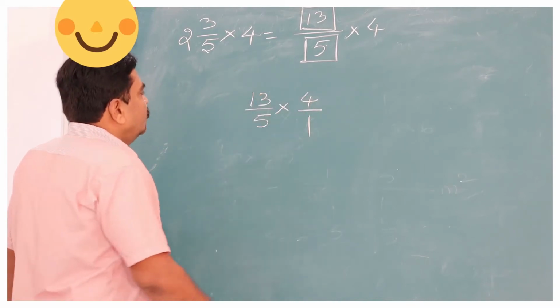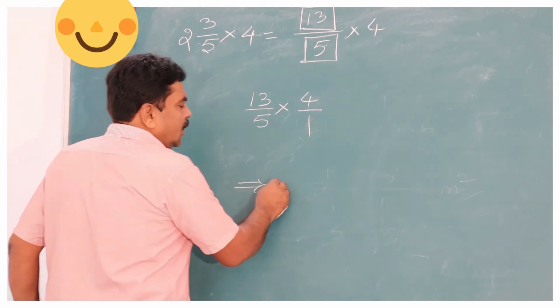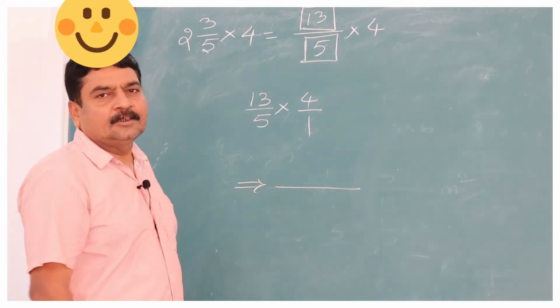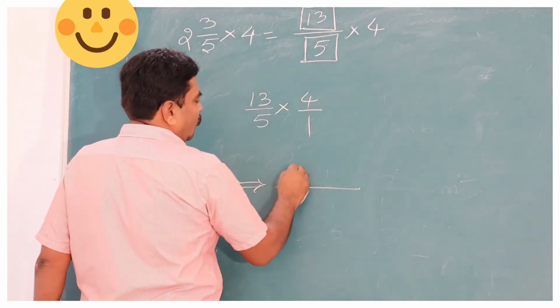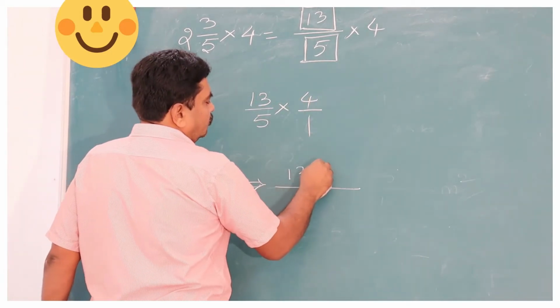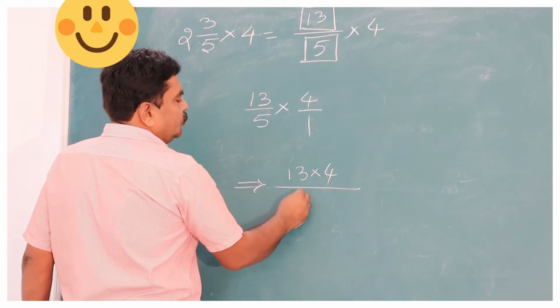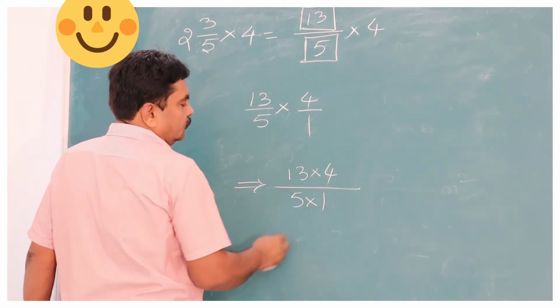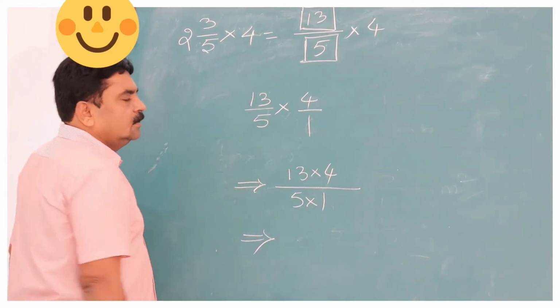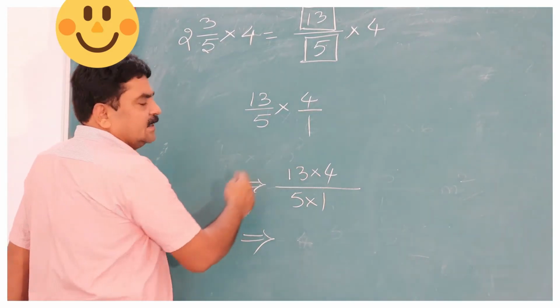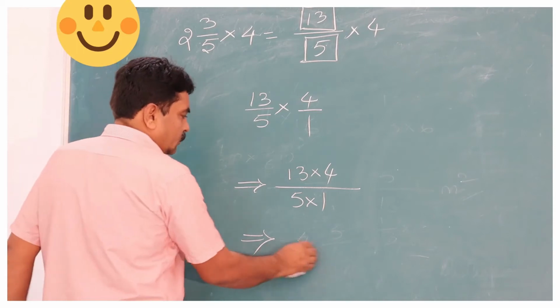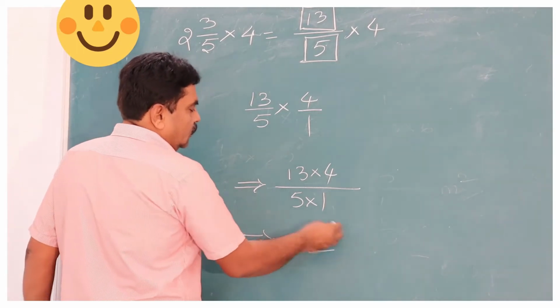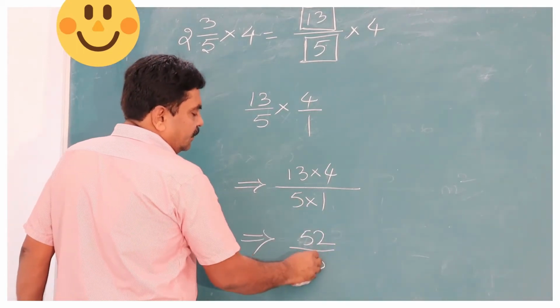You multiply numerator to numerator and denominator to denominator. Let's see. 13 into 4, 5 into 1. So how much does it come to? 13 fours are 4 tens are 40 plus 4 threes are 12. 40 plus 12, 52. 52 by 5 ones are 5.